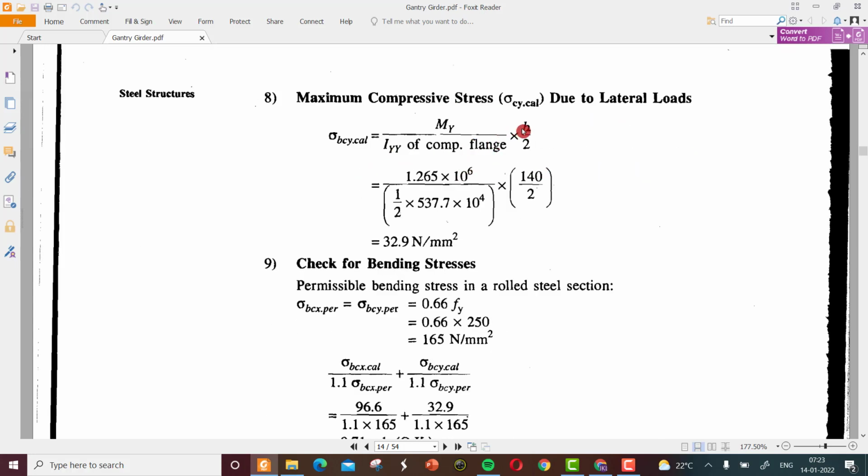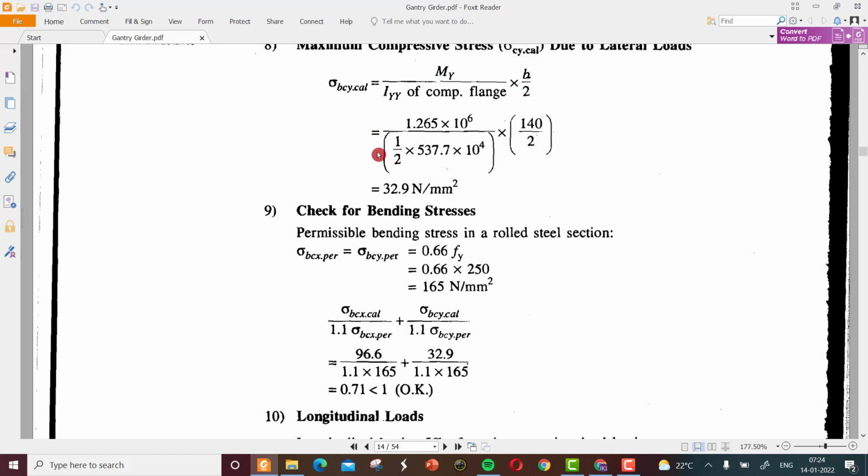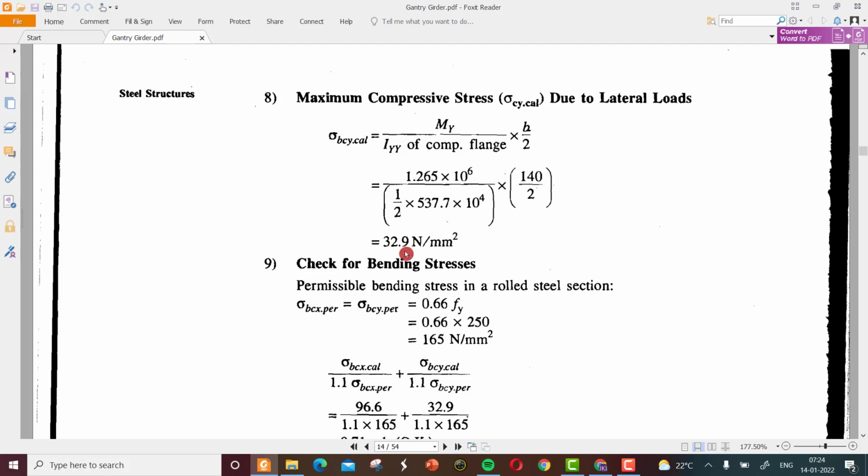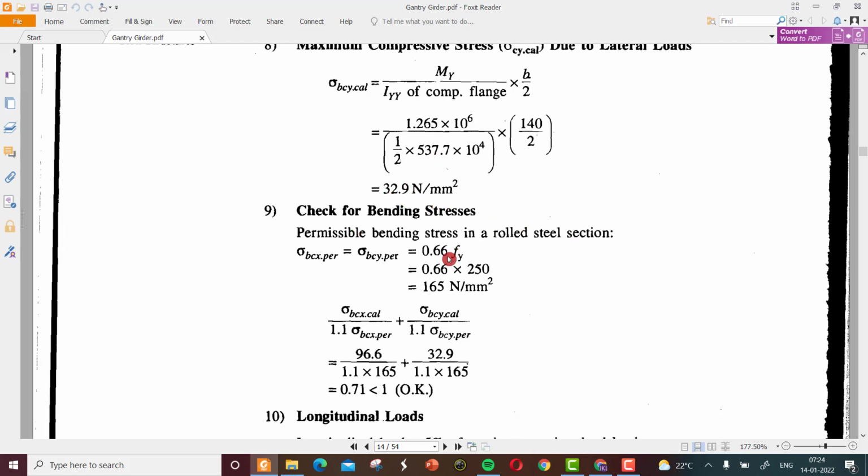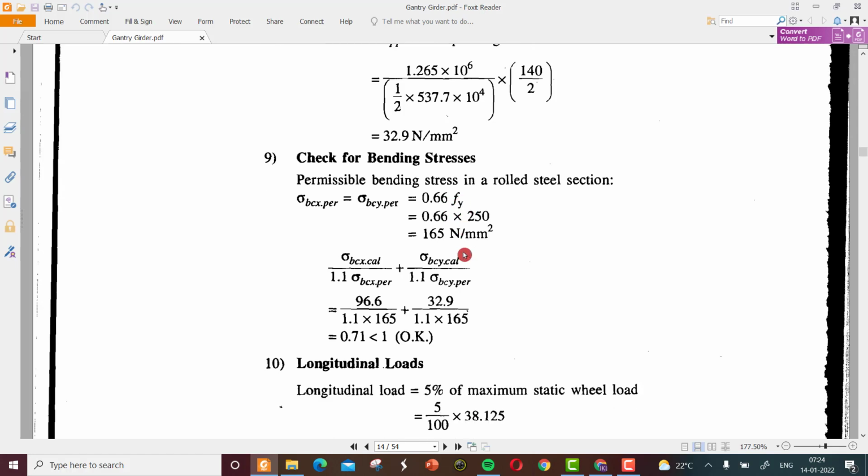That's why we take b by 2 to find the compressive stress. So M by Iyy into b by 2 gives the maximum compressive stress as 32.9 Newton per mm square, and the permissible value is 0.66 into Fy. So we can check the bending stress.